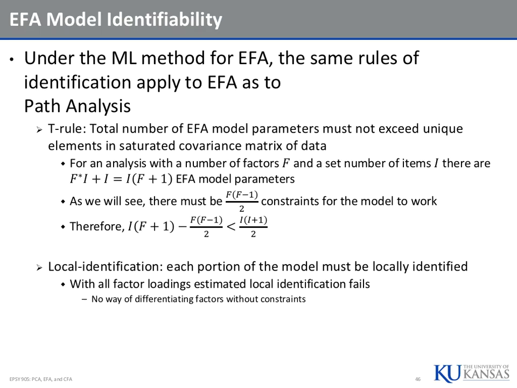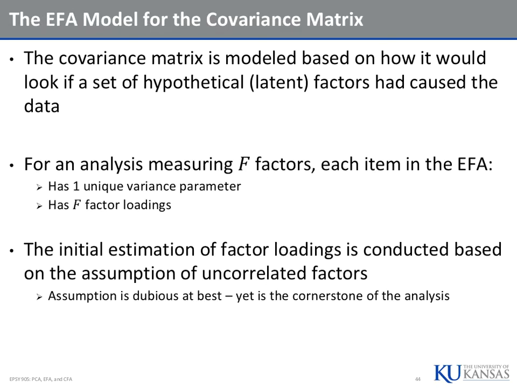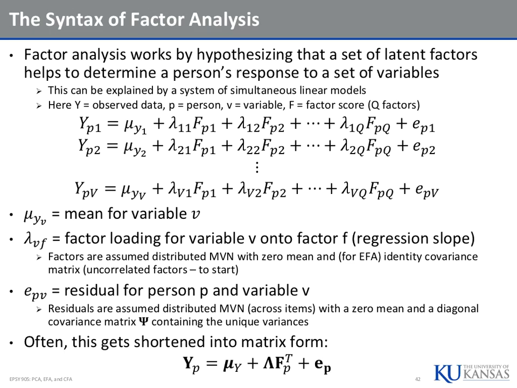Right? So if we had 2 items, like the SAT math and SAT verbal, there would be 3 unique parameters. If we had 10 items, the number of unique parameters in that covariance matrix, there are 10 variances, and there's 10 choose 2 off-diagonal covariances, for I think a total of 55 parameters. Well, each time we go about getting a factor, every item gets a loading.